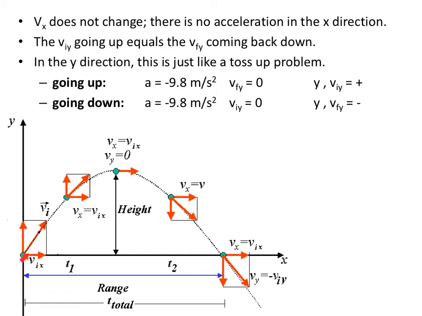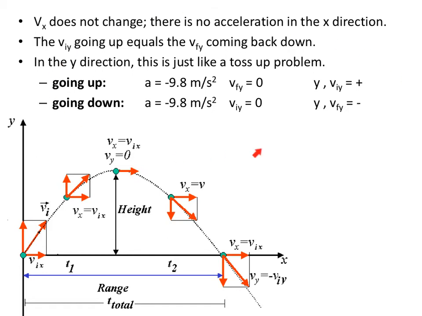These come together using the Pythagorean theorem, and we'll pretend the answer is 10. If this is 10, then at the end, this will be 10. Not the y, not the x, but the combination of the two. The resultant, the hypotenuse, will still be 10. Whatever your velocity is going up, that's also your velocity coming back down on the other side.